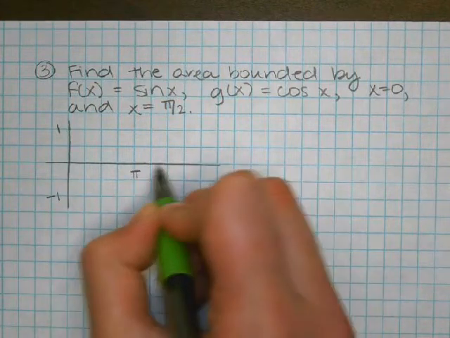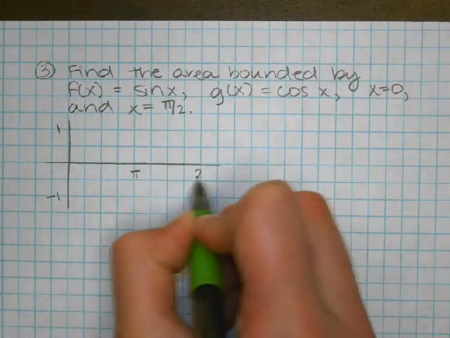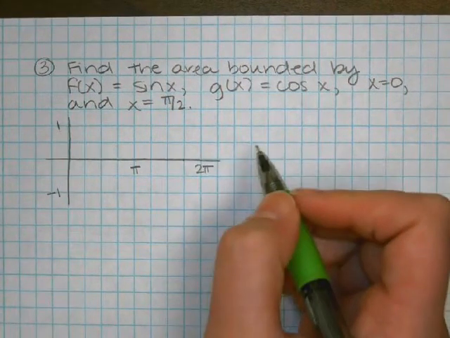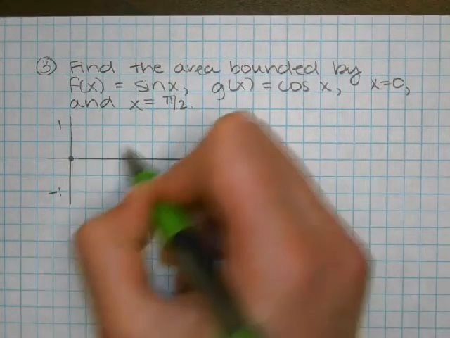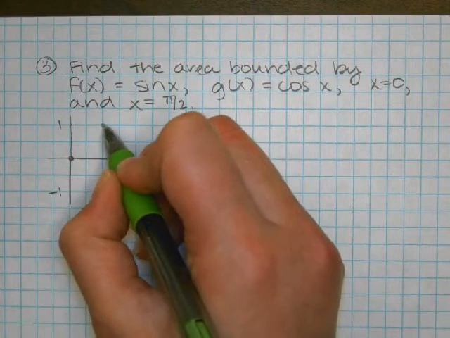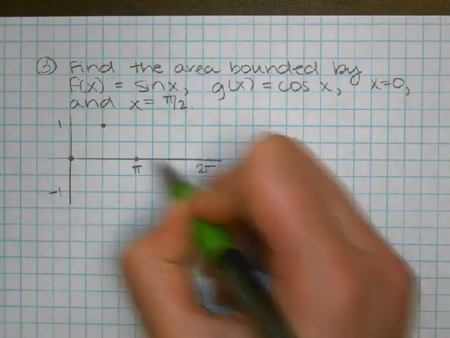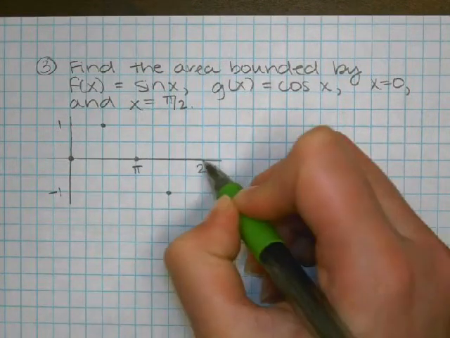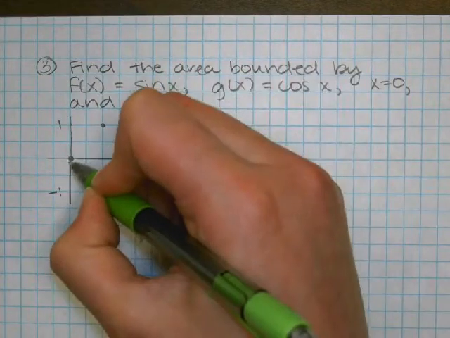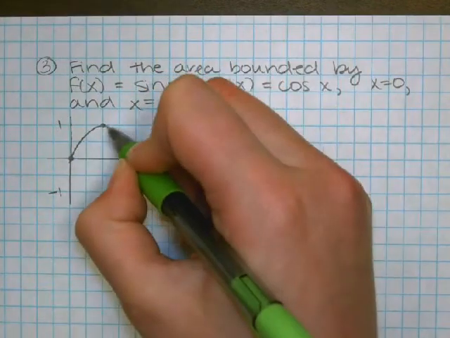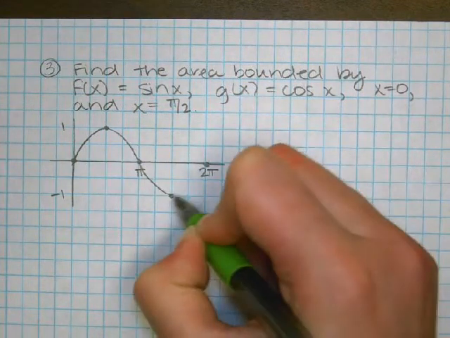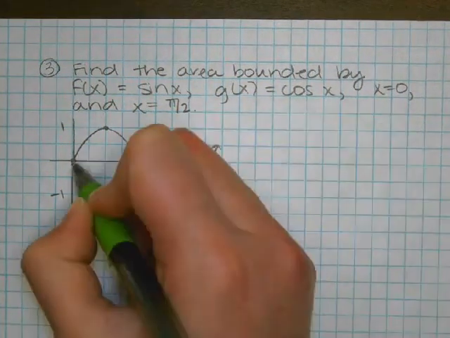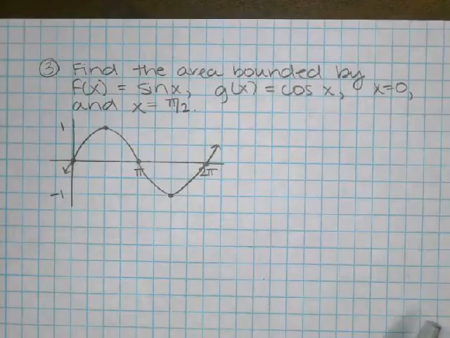So there's pi and 2 pi. So a sine curve starts at 0 and it goes up to +1 and then back to 0, and then down to -1, and then back to 0. So it's not perfect, but there's my sine curve.